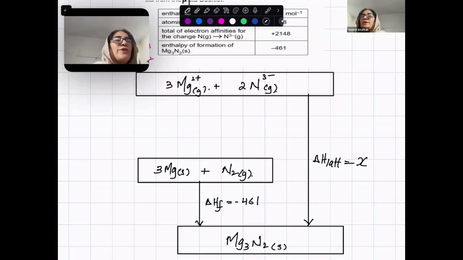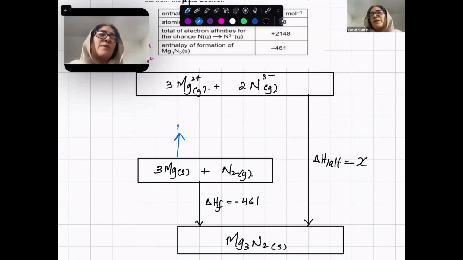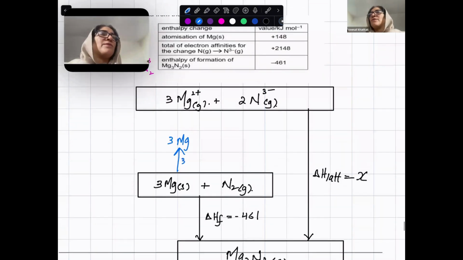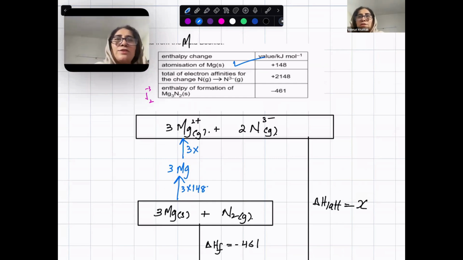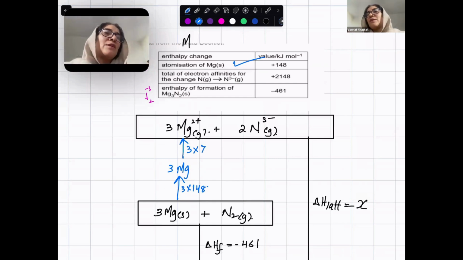Now what are you supposed to do? For metal, it is always the same: atomize. But are you atomizing 1 magnesium or 3? 3. So 3 times the atomization, which is 148. And then 3 times the first and second ionization energy, which is 736 and 1450.